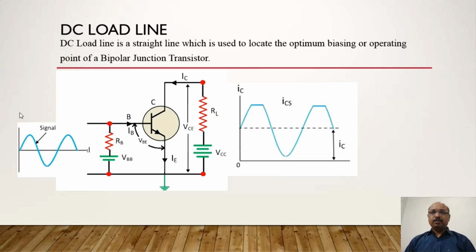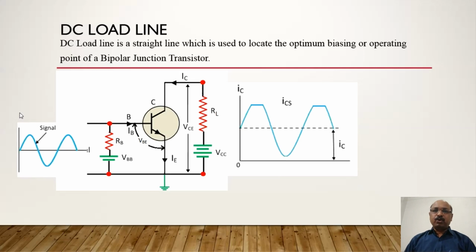For the purpose of faithful amplification, we need to find the operating point for the circuit, and the operating point is located on the DC load line.